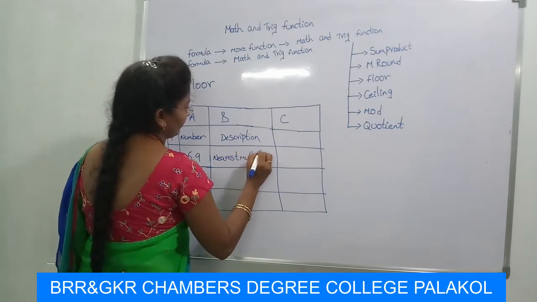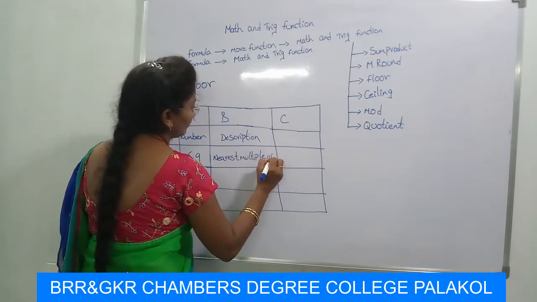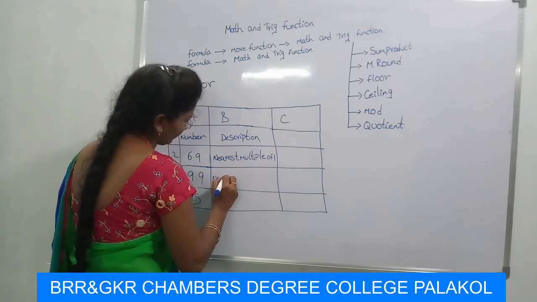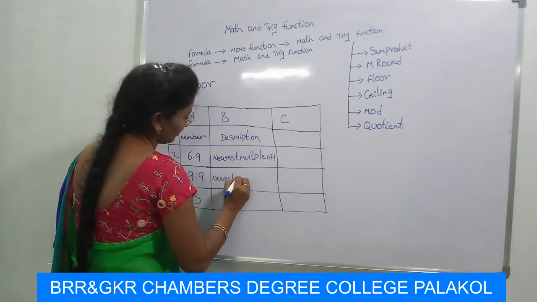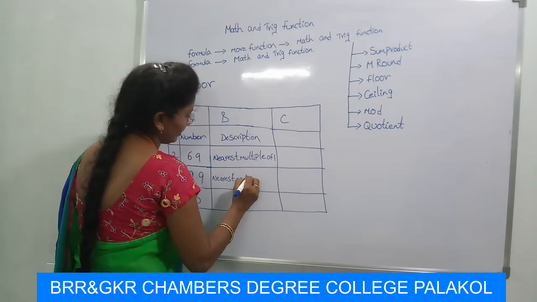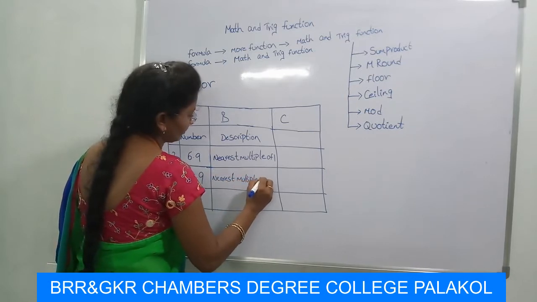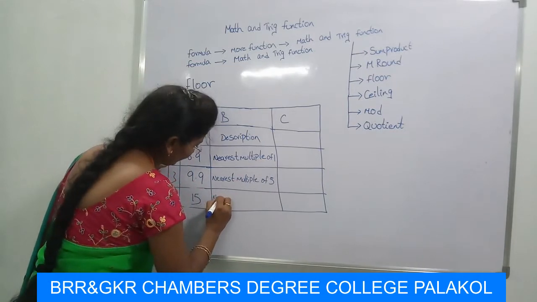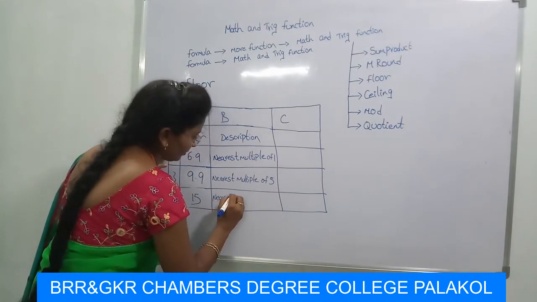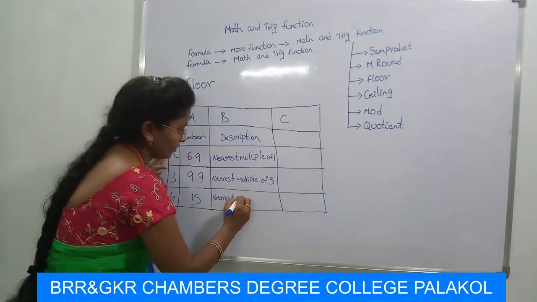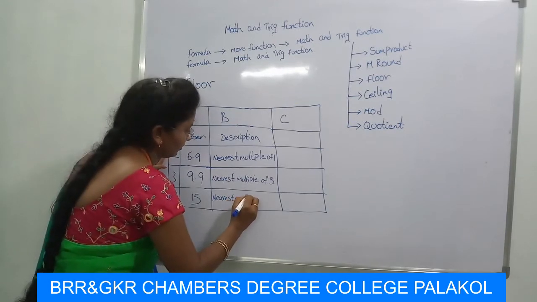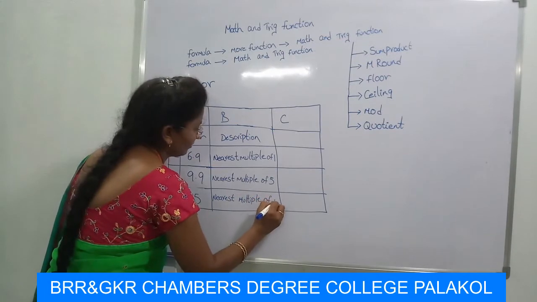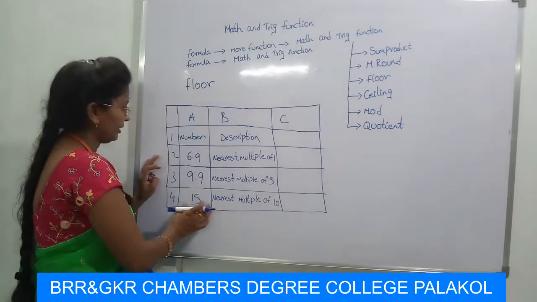Nearest multiple of 1, and for the second also nearest multiple of 5, and then nearest multiple of 10 for the 15 number.